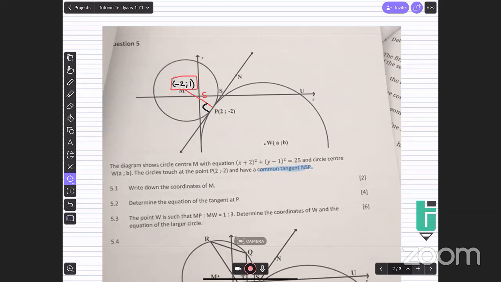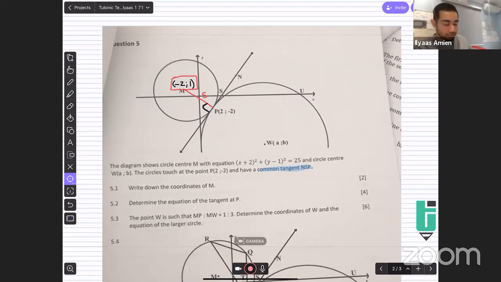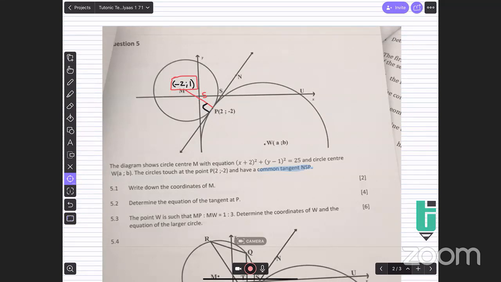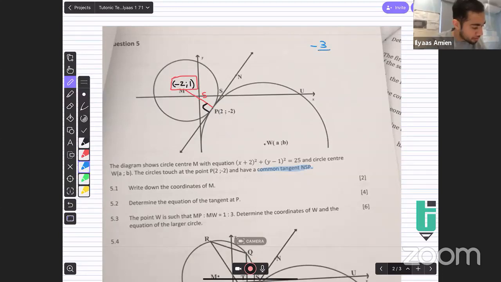We just have to change the reciprocal and change the sign to get the gradient of SP. A nice phrase is negative inverse. So what's the gradient of MP? Negative 3/4. So what's the gradient of the tangent?